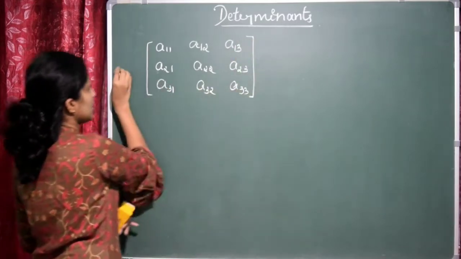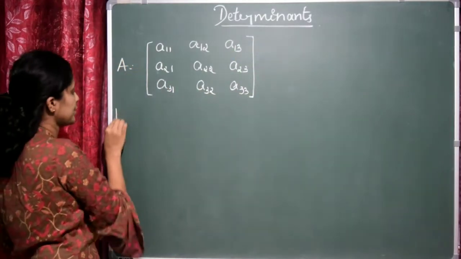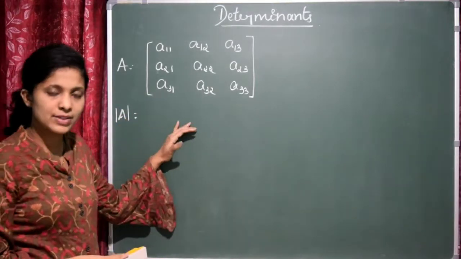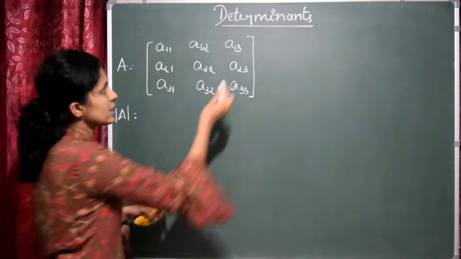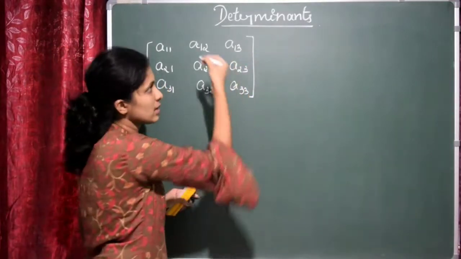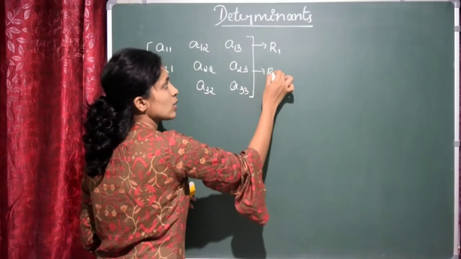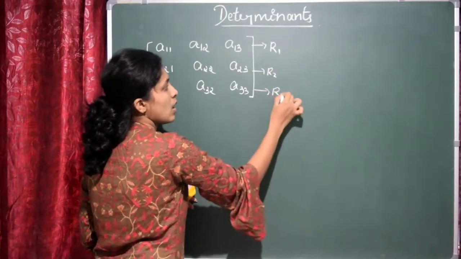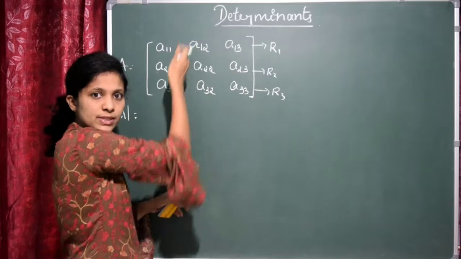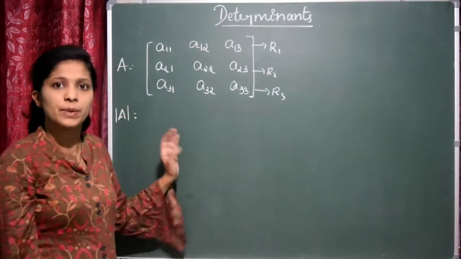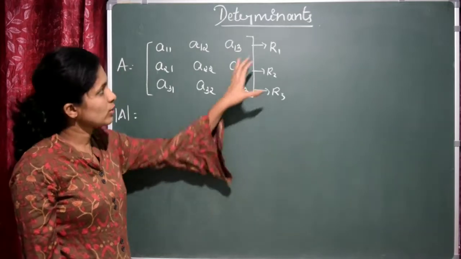This is the matrix A. Now I have to find the determinant of A. To find the determinant of a 3 by 3 matrix, there are 6 ways. You can expand the matrix along the first row, second row, or third row, or along the first column, second column or third column. Any one you can use, the determinant will be the same.